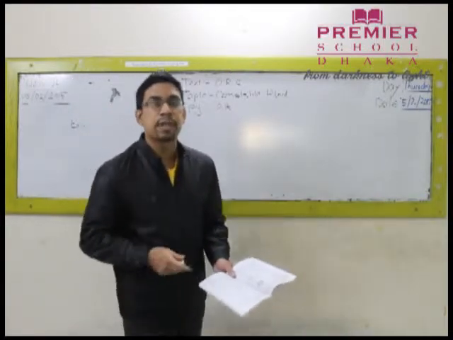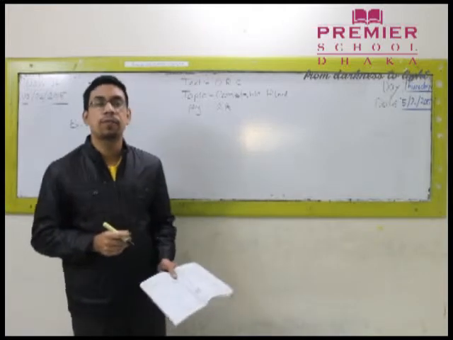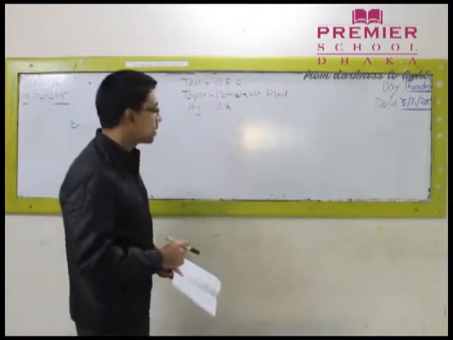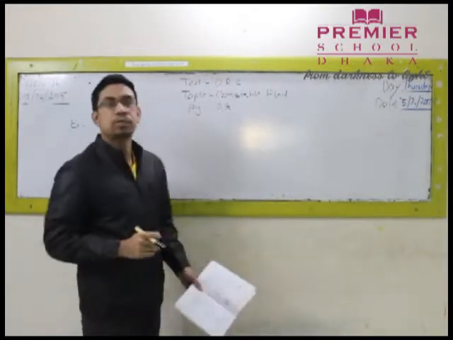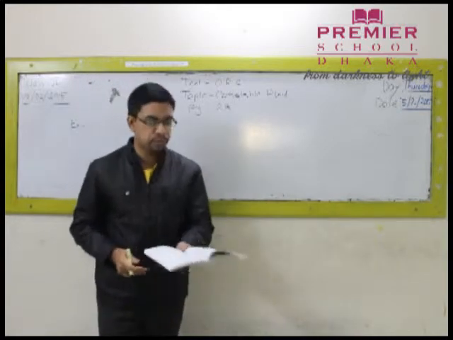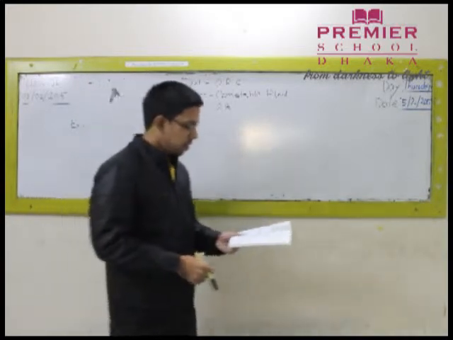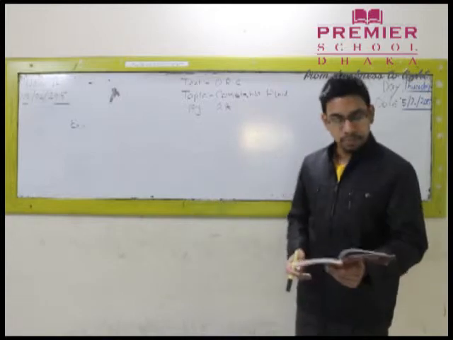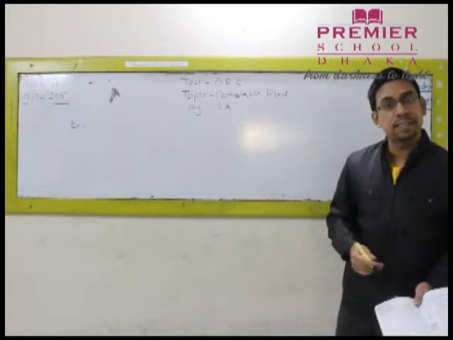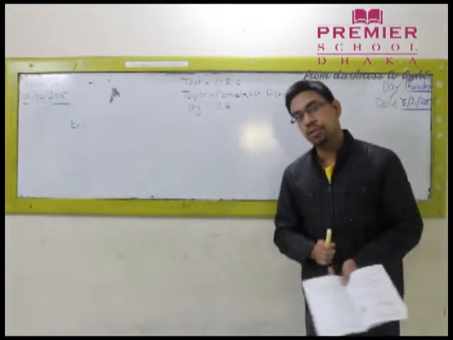Without wasting any more time, let us get to the exercises of Constable Plod. You will find this in your textbook, page 28. Please open up to page number 28. We have a total of 6 questions in exercise B. Let us try and solve them.